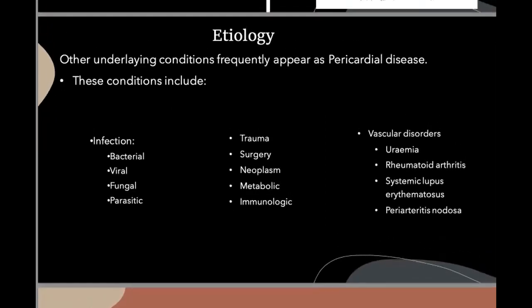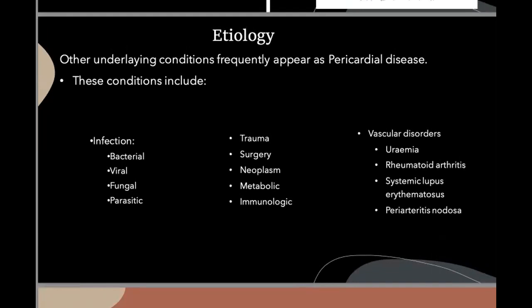So as I said, it can be infectious causes, and this can be bacterial or viral, and it can be fungal and parasitic. When it comes to infection, I will discuss which ones are most relevant, and that also depends on which disease we are talking about.